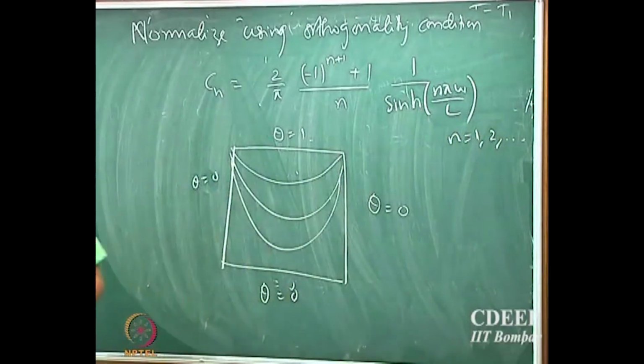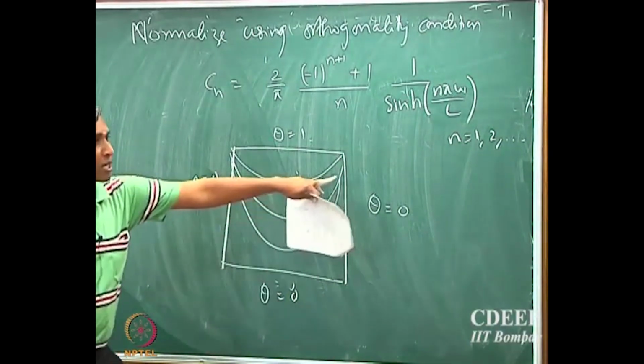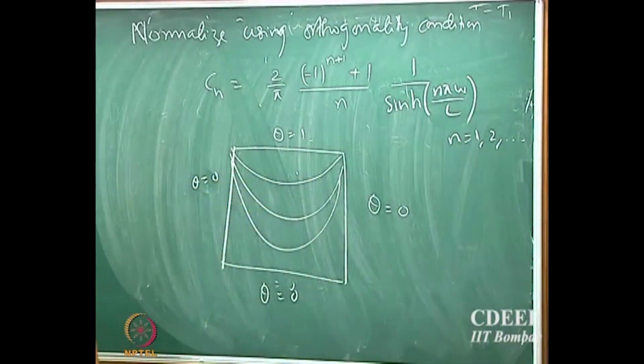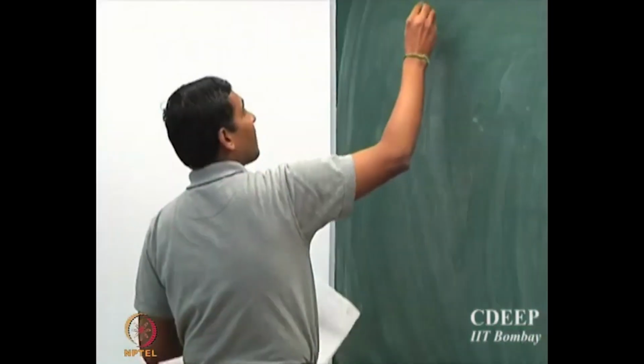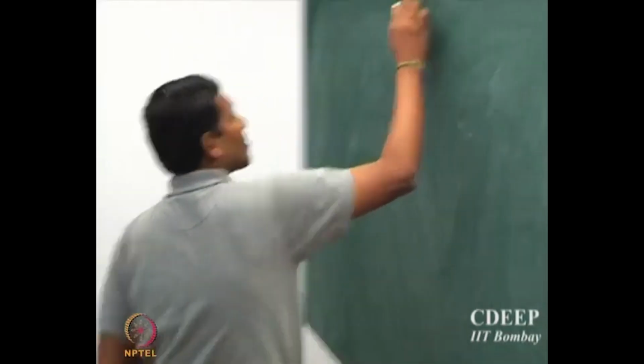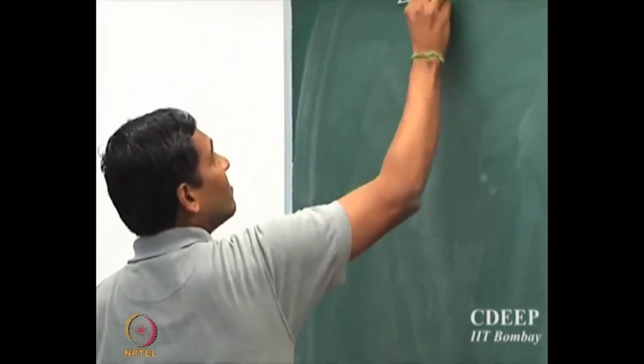Okay. So that's the value of Cn, and these are the isotherms that you will get. These are the constant temperature lines that you will find on the slab. Okay. Final expression. So the steady state 2D solution.